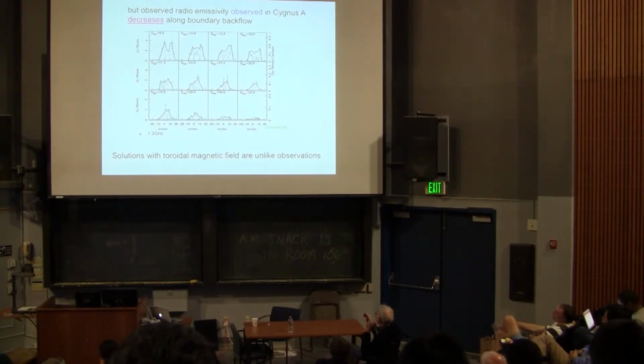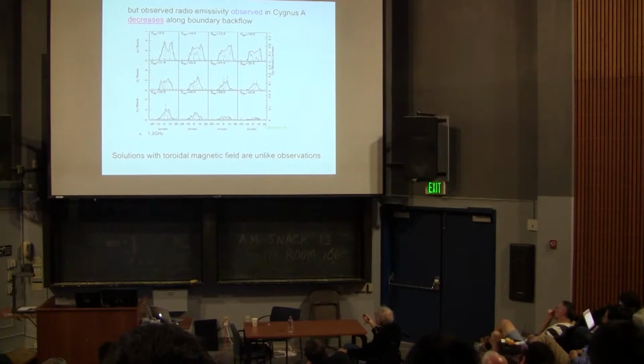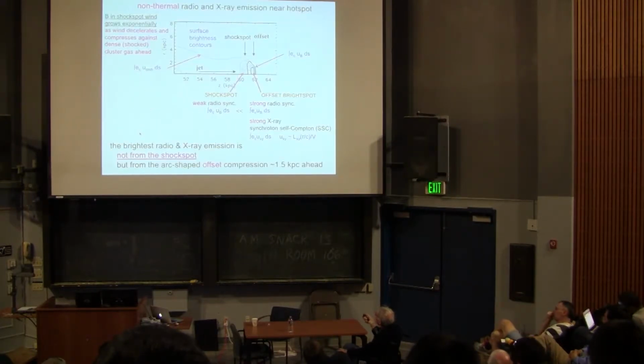So whereas the observations of Cygnus A show the radiation that I computed increases, the emissivity observed in Cygnus A decreases along the backflow, that is, toward the center of the galaxy or the cluster. So the toroidal magnetic field is not a good model for what's going on in Cygnus A.